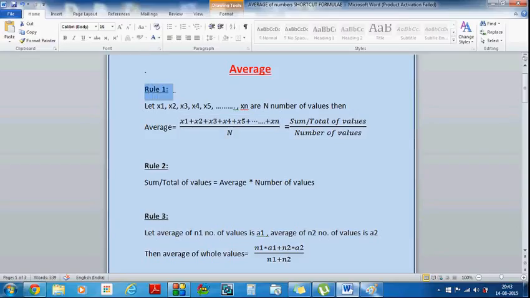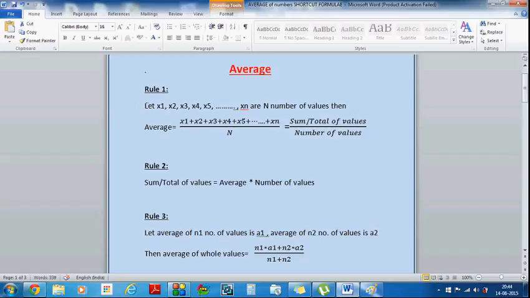Rule 1 is very important. Let a student get 60 marks in science, 70 marks in mathematics, and 50 marks in English.